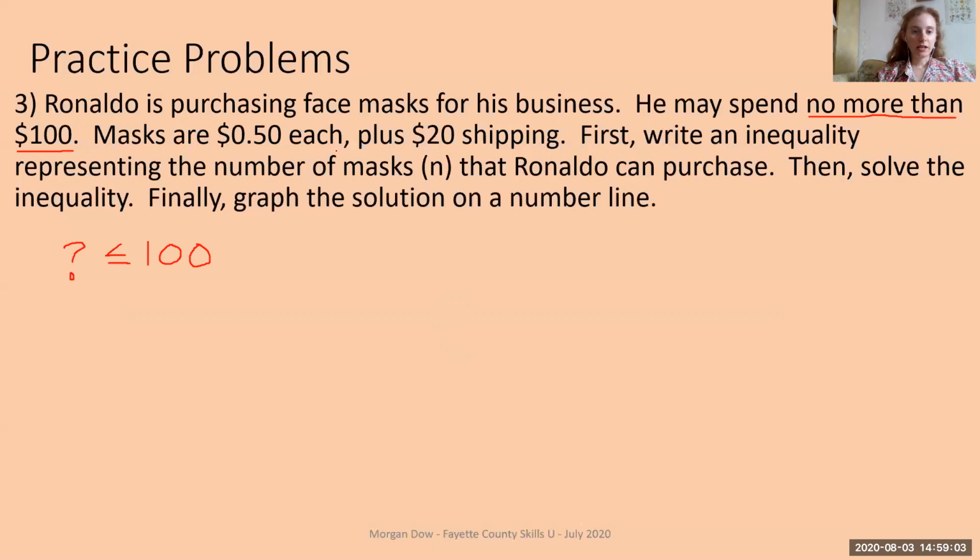So masks are 50 cents each, and we know we're going to use N to represent the number of masks, and then we've got that plus $20 shipping. So we've got the mask fee and then the shipping fee that together make up the total. So masks plus shipping need to be less than or equal to $100.